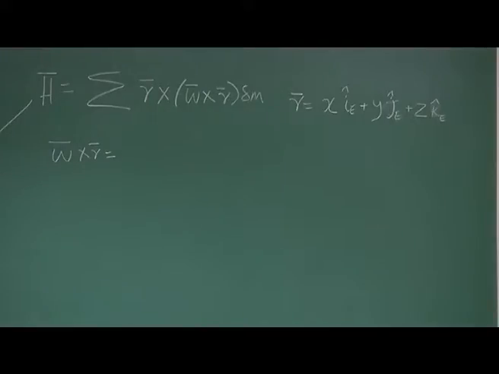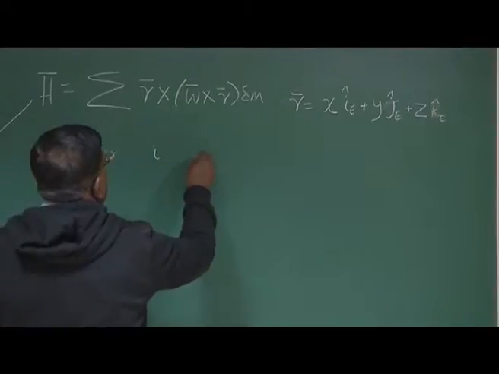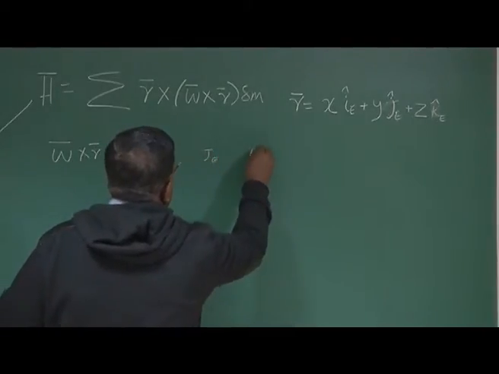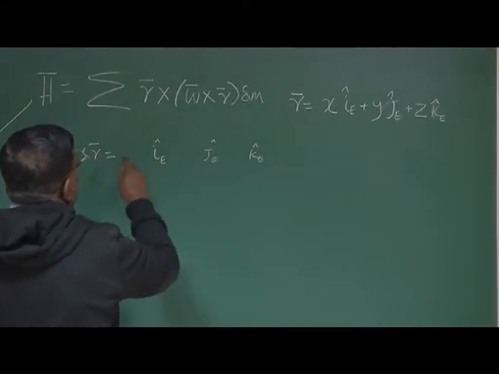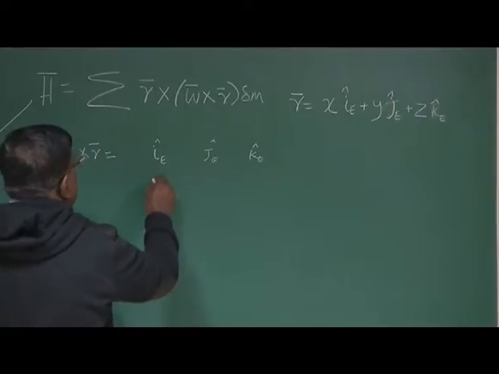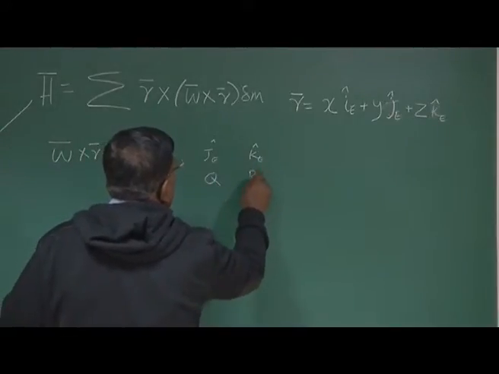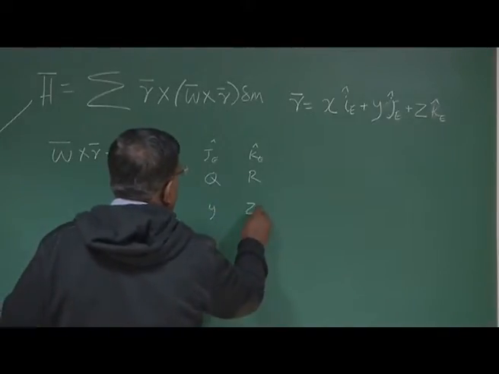Now omega cross R is what? By vector algebra I write IE, JE, KE, and omega is P, Q, R, and R is x, y, z.